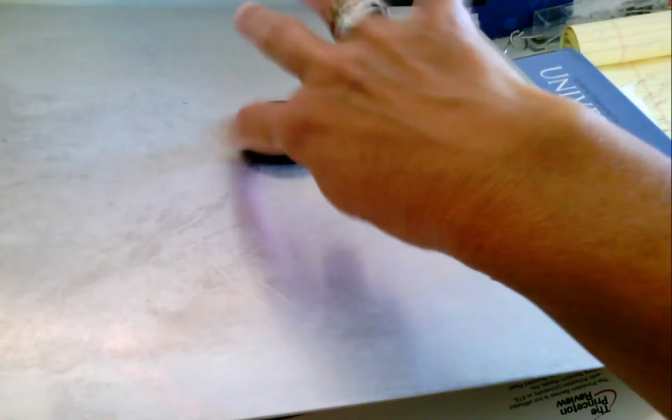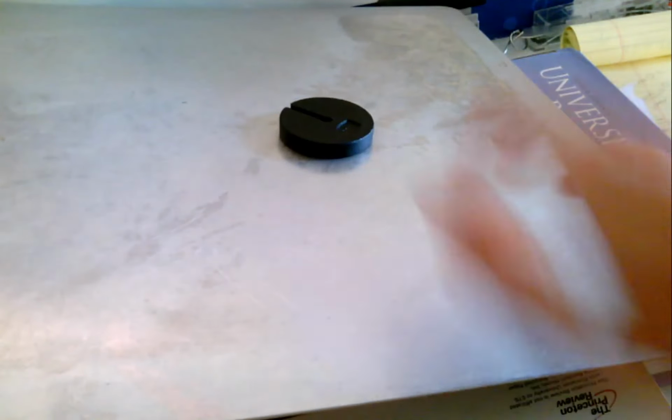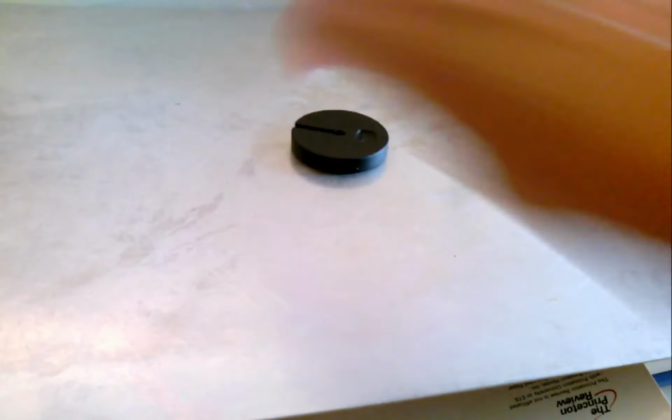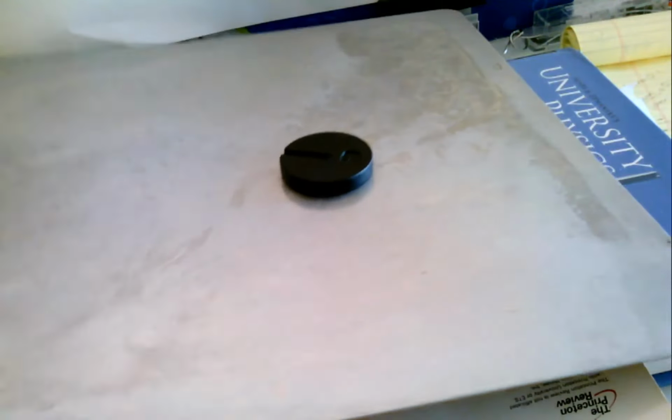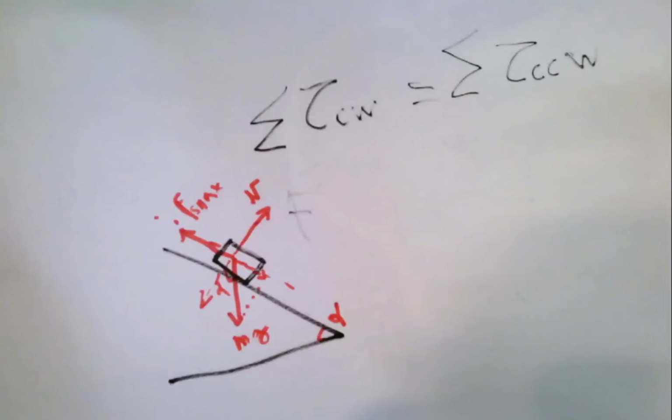And it's going to be a smaller angle. Tap, about here. So smaller angle, smaller coefficient of kinetic friction. So I'm going to do a little bit of math, but not much because we do that in class.